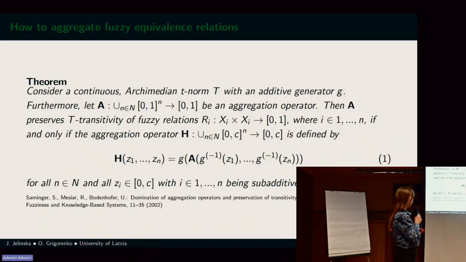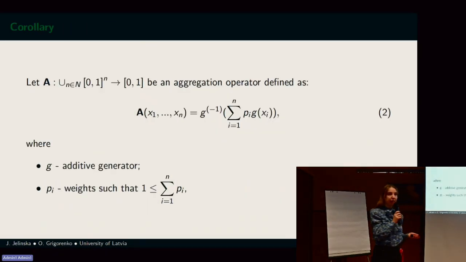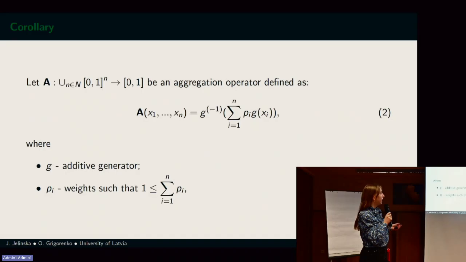From this theorem follows that if we take some subadditive function, in this case a weighted sum, then this A will be transitive.